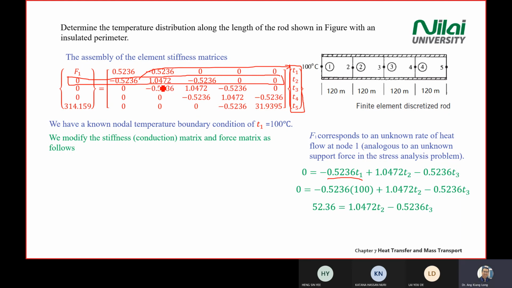Then plus 1.04 times T2 plus negative 0.5 times T3, and 0, 0 behind we don't have. So you rearrange, you'll get 52.36 equal to 1.04 T2 minus 0.5 T3.